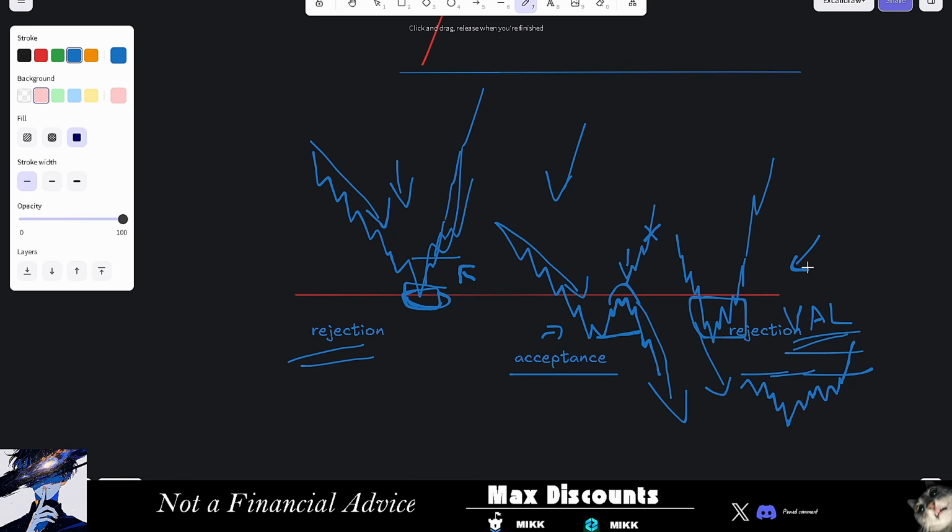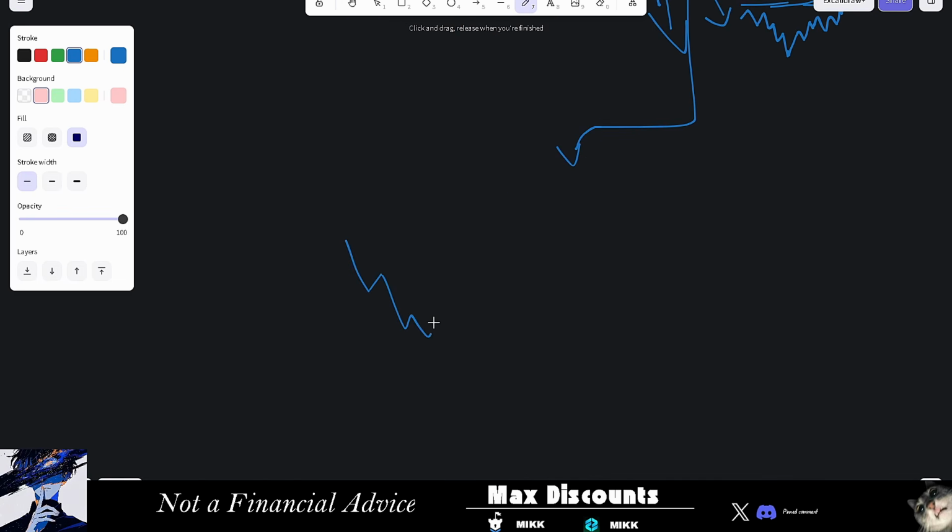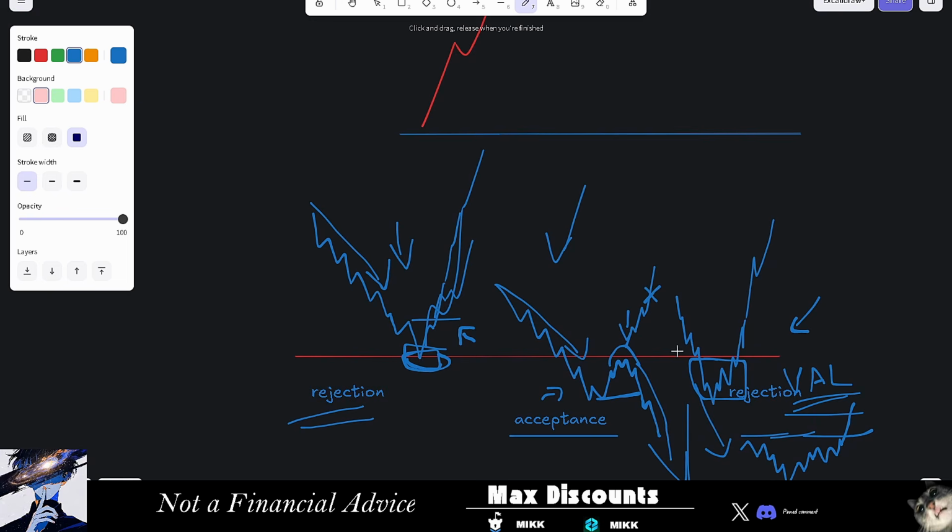But here, if you see some kind of structure like this, let's suppose price gives an instant swing failure pattern. This is my most loved pattern here, the swing failure pattern. And this is what I love to trade in this last case.